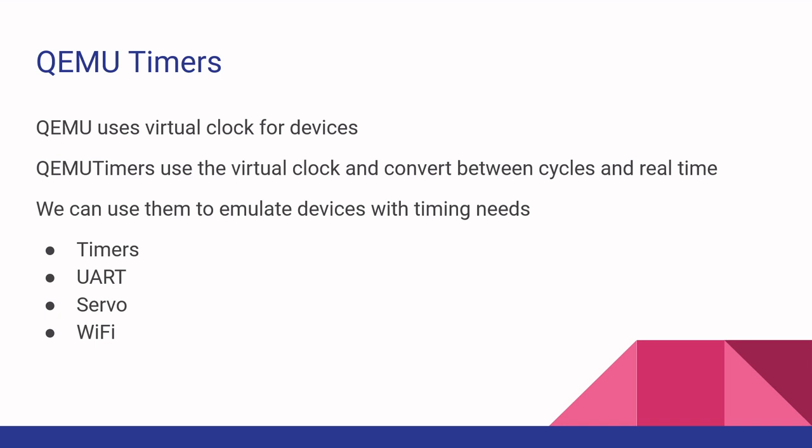So anything that uses regular timing or just needs to wait a certain amount of time to do something, we can use the timers to do that because they have a callback whenever the time is reached. We're going to use this for the timers and the UART, as well as the servo and Wi-Fi.